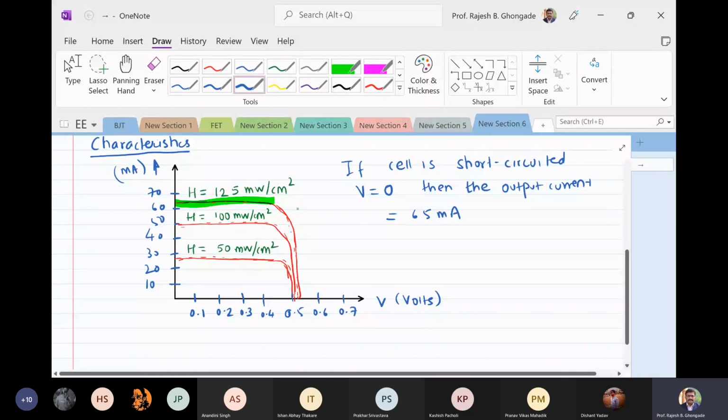So what is the power delivered when the current is 65 milliamperes, but the voltage across it is 0? That is, it is short circuited. The power is also 0.